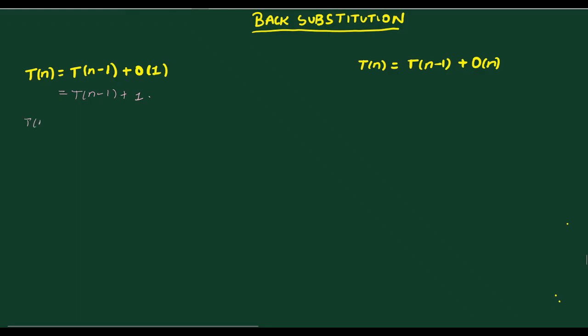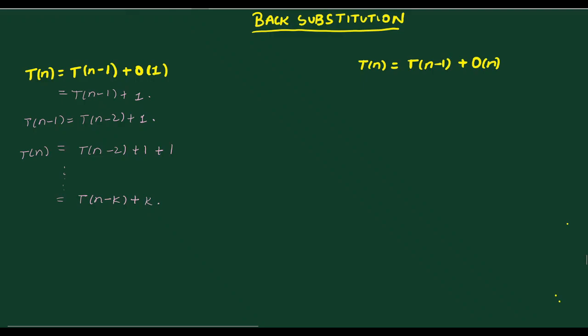So t of n minus 1, using the above equation, we can write as t of n minus 2 plus 1, right? So let us substitute it there. So we will get t of n equals t of n minus 2 plus 1 plus 1. And if you keep on substituting like this, you will basically get t of n minus k plus k.